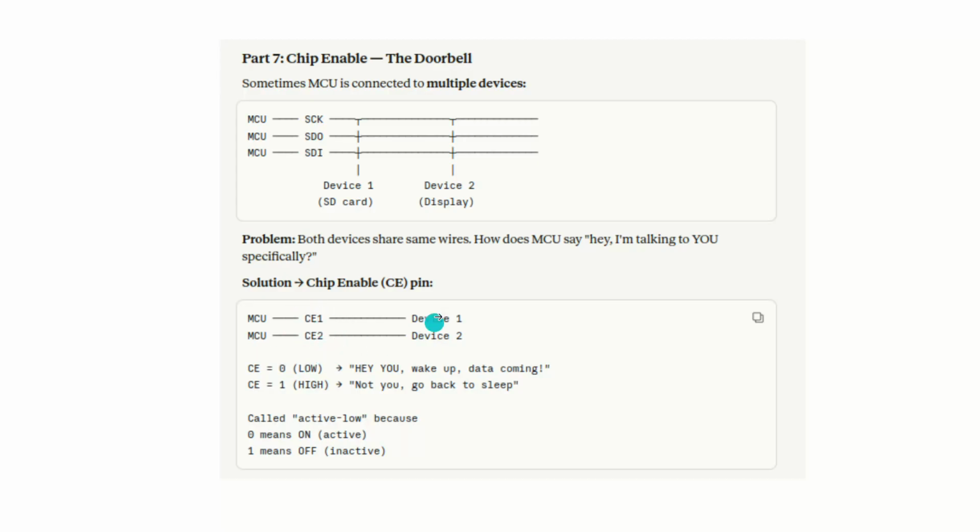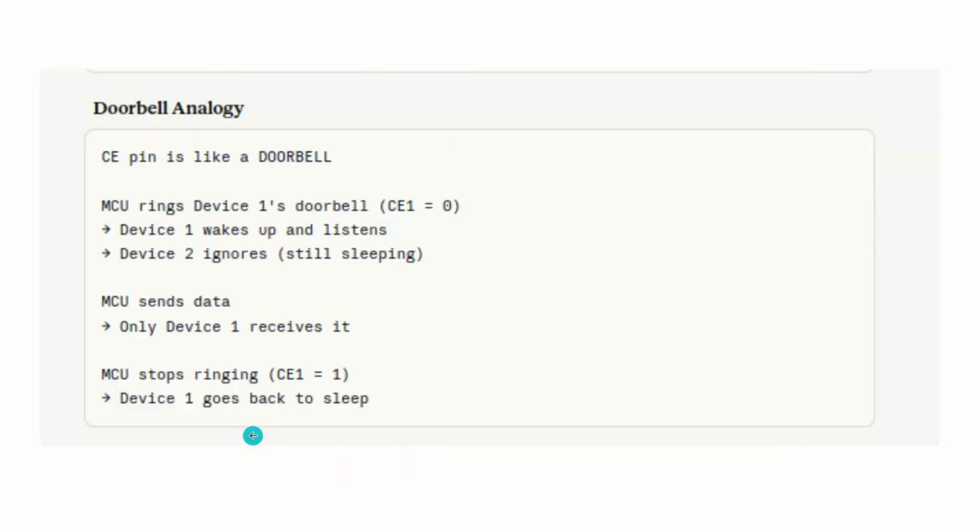When it is 0, the MCU is telling this device that you should wake up, the data is coming. But if chip enable is 1, the MCU is telling this device that you should not wake up, you can just go back to sleep, I am not talking to you. Okay, that is what it means. So here you have to understand chip enable is an active low case.